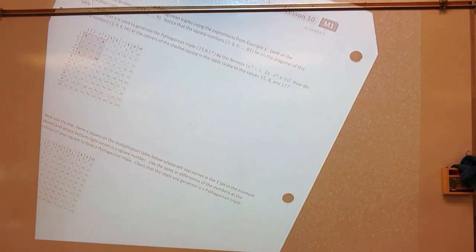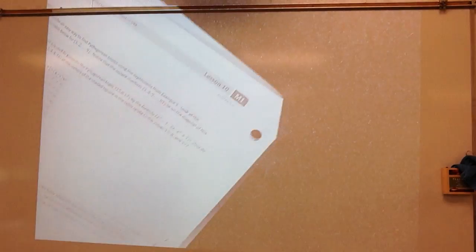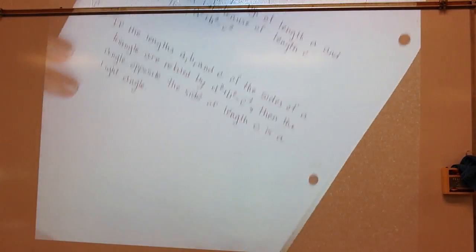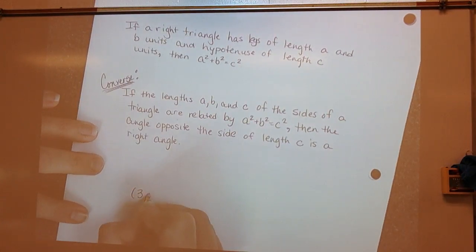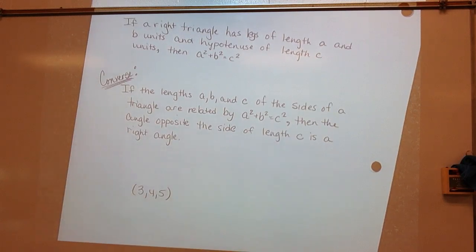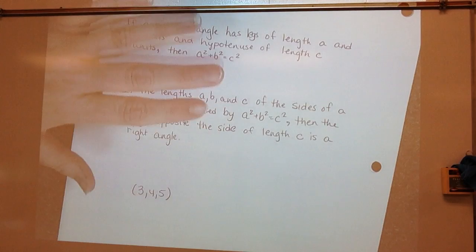Alright, so let's think about this for just a second. This is one of the most common Pythagorean triples: I can have sides 3, 4, and 5.